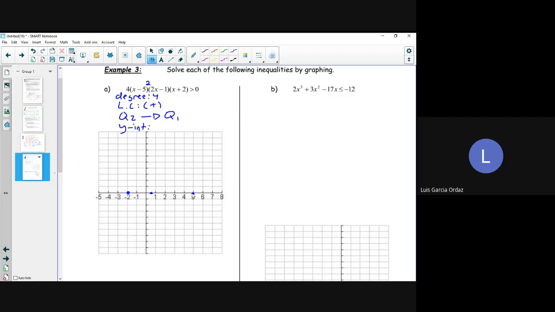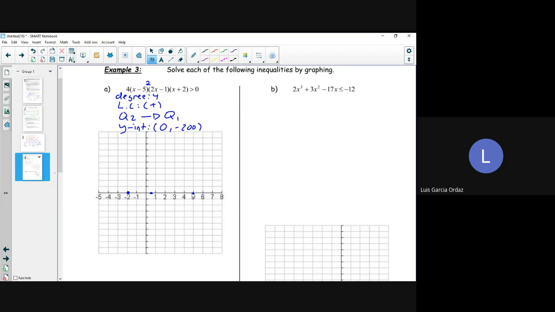If we sub in x equal to 0, what is our y-intercept? It's negative 200.